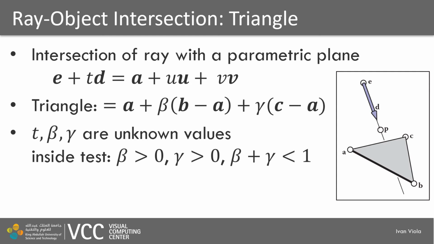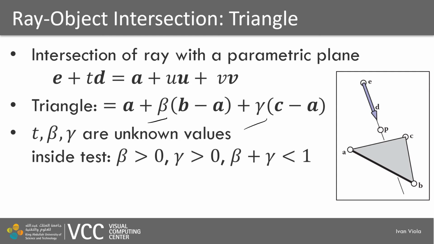where the parametrization will be through beta and gamma. So remember from the lecture on math for computer graphics, we were using beta and gamma as barycentric coordinates.